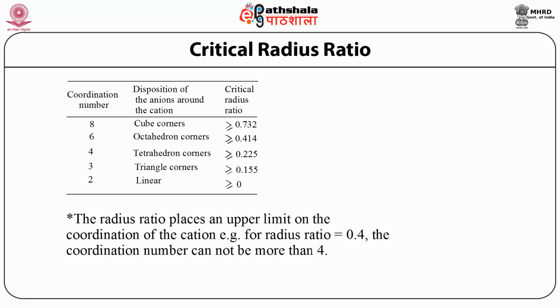The energy can be reduced by increasing the coordination to the maximum permitted, because the electrostatic energy of an array is decreased as a larger number of oppositely charged ions are brought in contact. It should also be noted that sometimes it is possible to have a higher coordination number than permitted by the radius ratio.